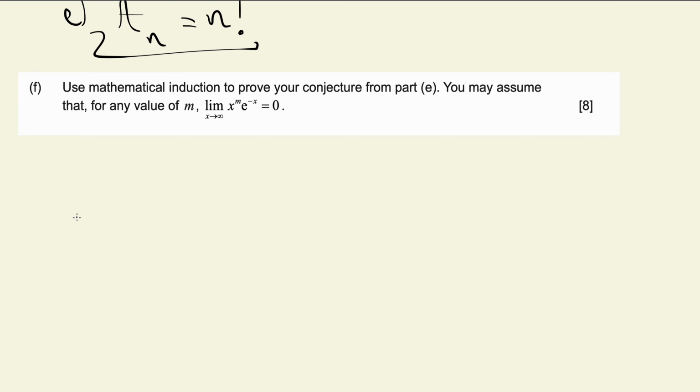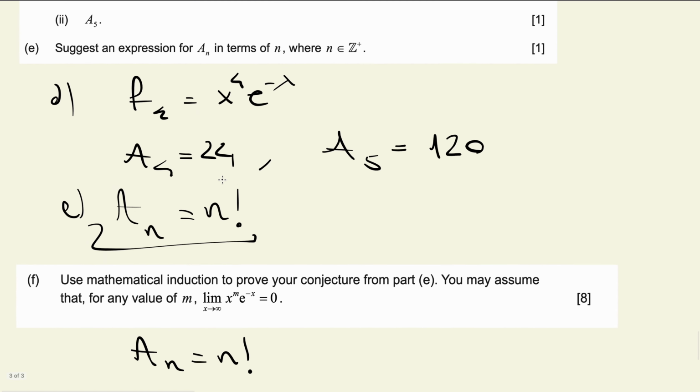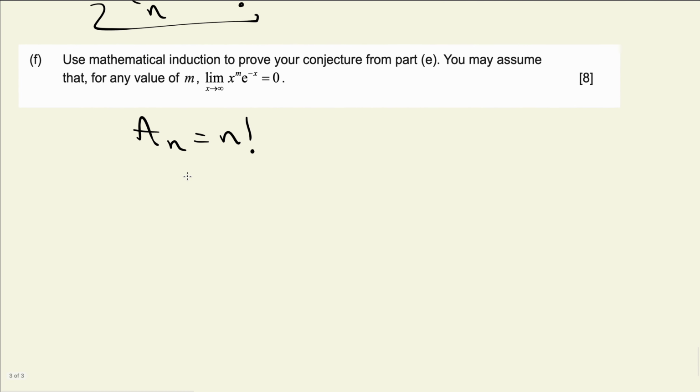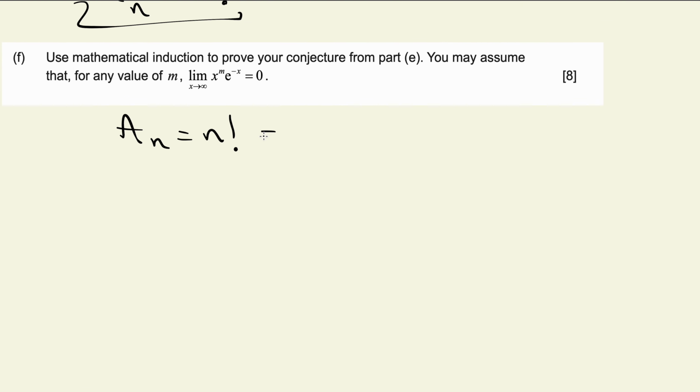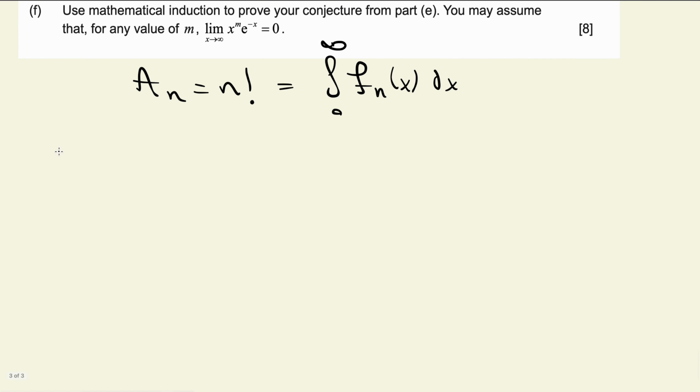Anyways, we want to prove this, but we also know that this is equal to the integral of fn of x dx from 0 to infinity, I think. So when n is equal to 1, a1 is equal to 1, and that is true. We solved that earlier.